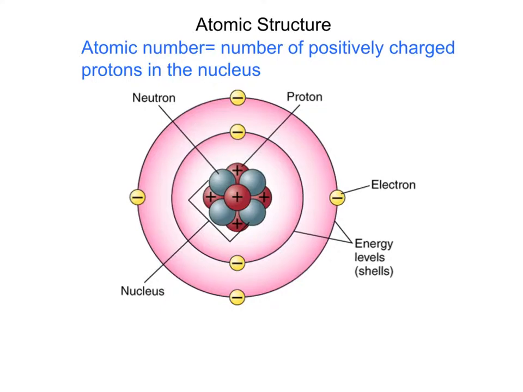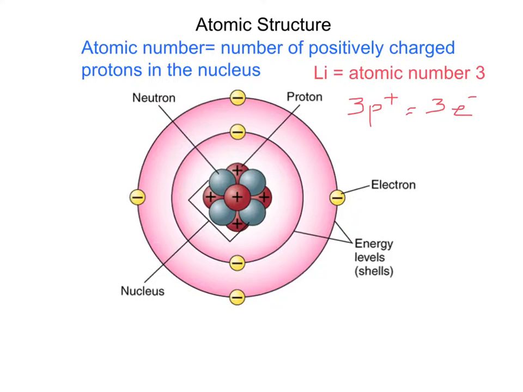In a neutral atom, the number of protons will be equal to the number of electrons. So if lithium, for example, has atomic number 3, that means it has 3 protons, and if it's a neutral atom, it will have 3 electrons.